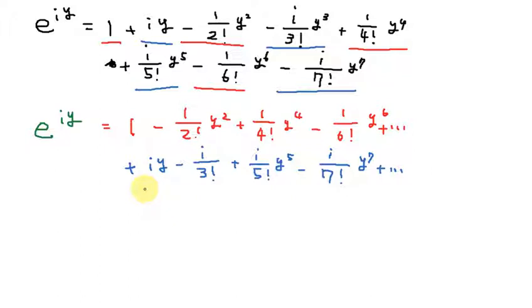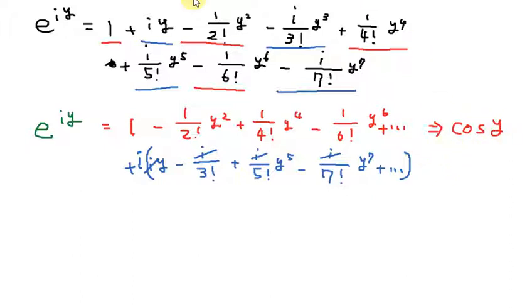So let's take i out here, cancel, and then put parentheses and put i outside. Okay, then do you agree the red term, 1 minus 1 over 2 factorial y squared and so on, is cosine y?